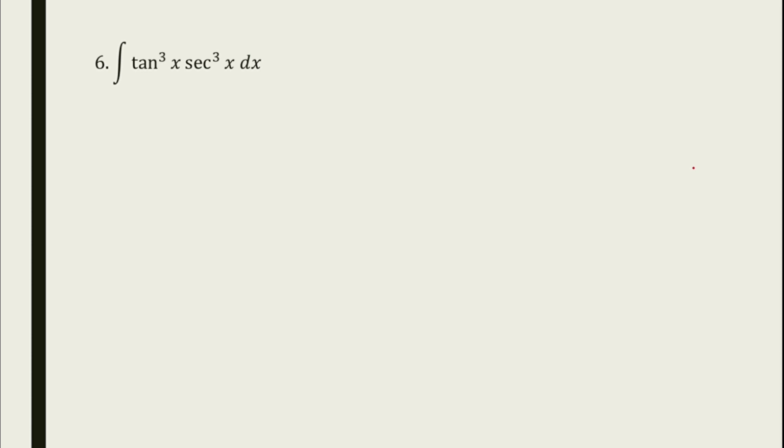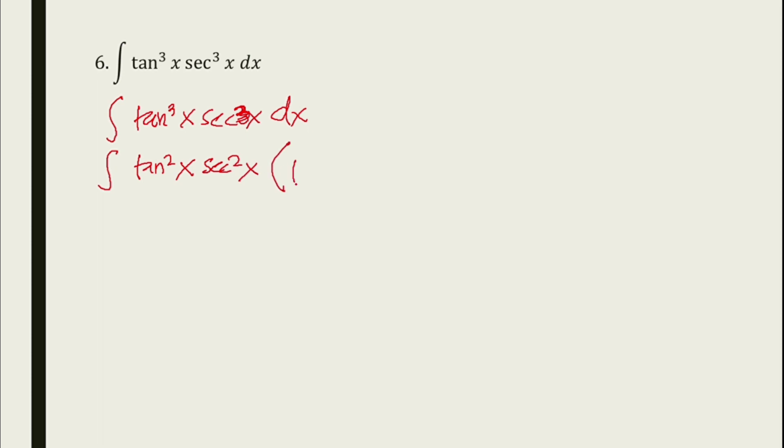It is almost the same pattern as the previous part, but since this is cubed and cubed, the technique here is to write it as tan squared x secant squared x, then tangent x secant x dx.